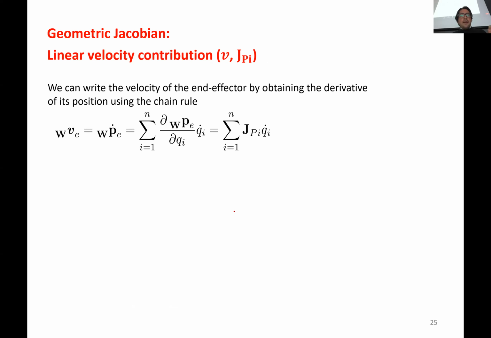So we can write the velocity at the end effector by obtaining the derivative of the position using the chain rule. Is this expression clear?